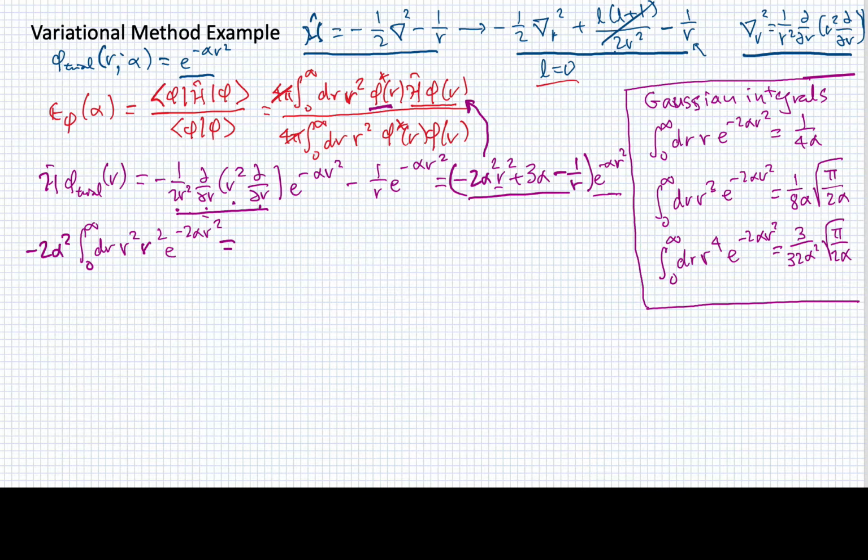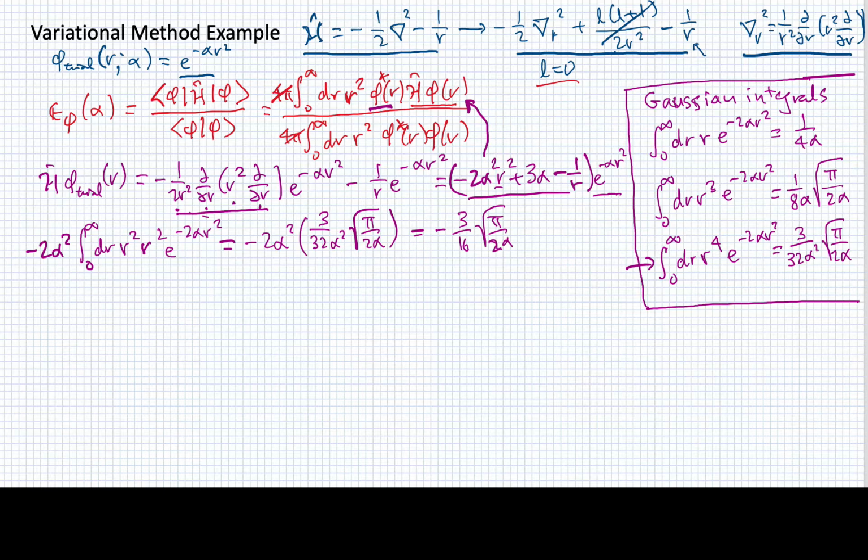So this is just r to the fourth e to the minus alpha r squared, so that's this integral right here. So I can immediately write down this is minus 2 alpha squared times 3 over 32 alpha squared times the square root of pi over 2 alpha. And if I figure all this out, it's minus 3/16 square root of pi over 2 alpha.